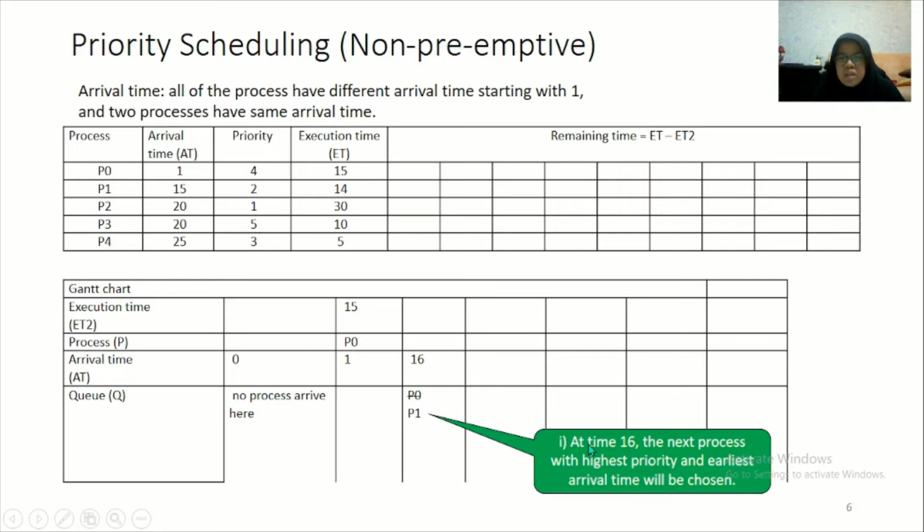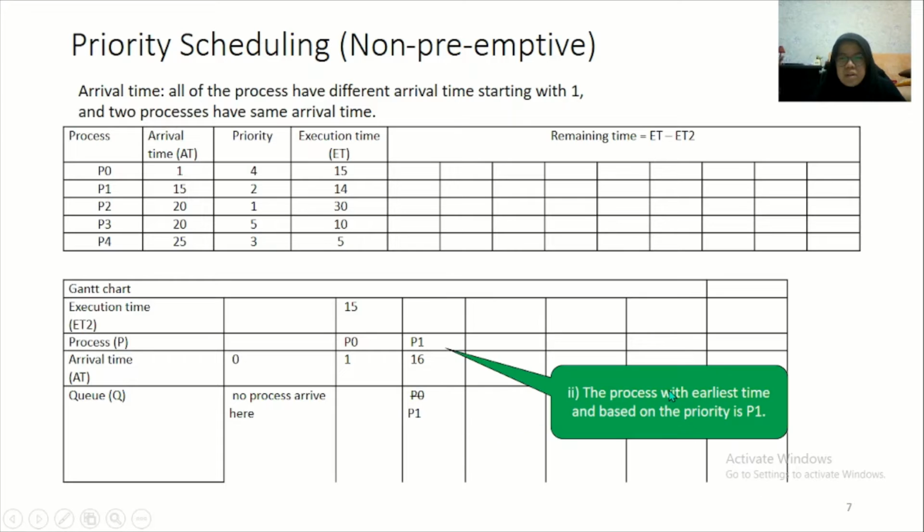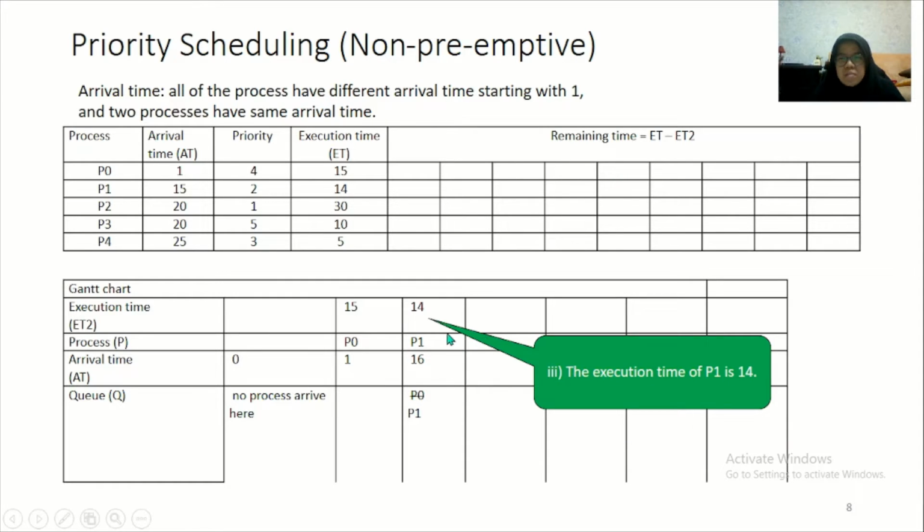Next, at time 16, the next process will be chosen with the highest priority or the earliest arrival. The process that has been selected is P1, and the execution time of P1 is 14.